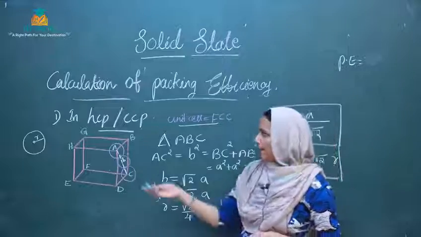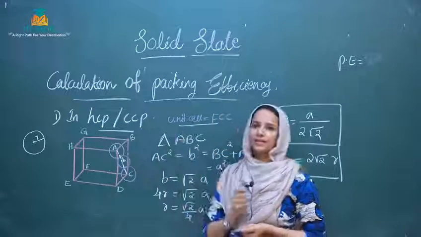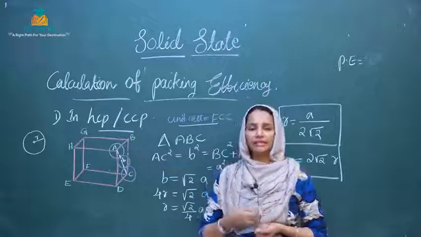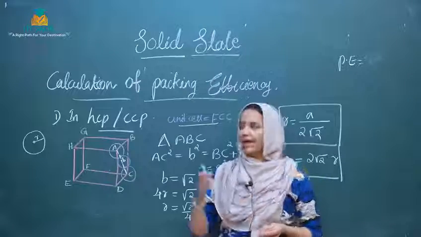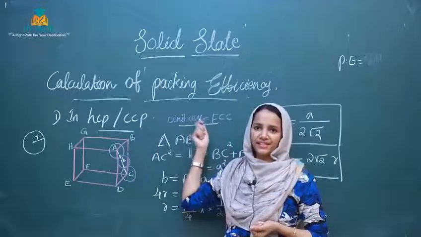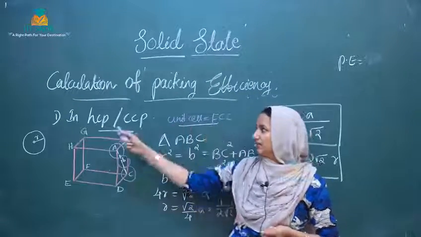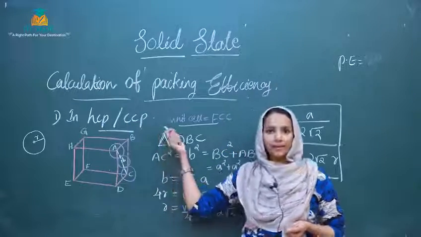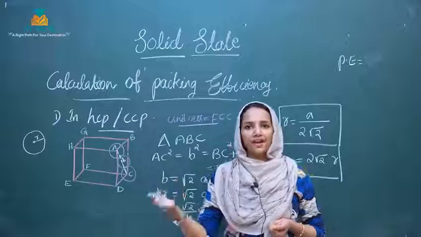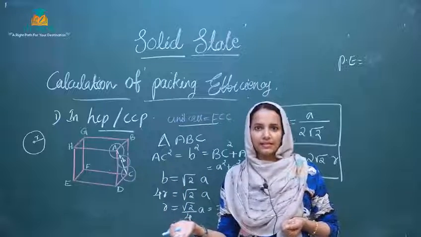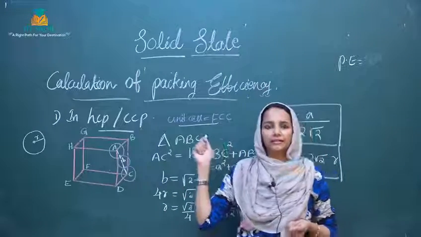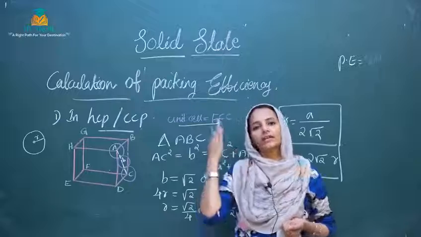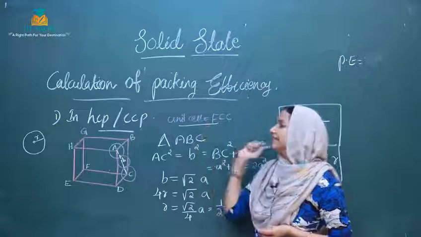In HCP and CCP structure, which is the unit cell? I told you, FCC unit cell, that is face centered cubic structure. In CCP and HCP packing, the unit cell present is the face centered unit cell, isn't it? Yes.